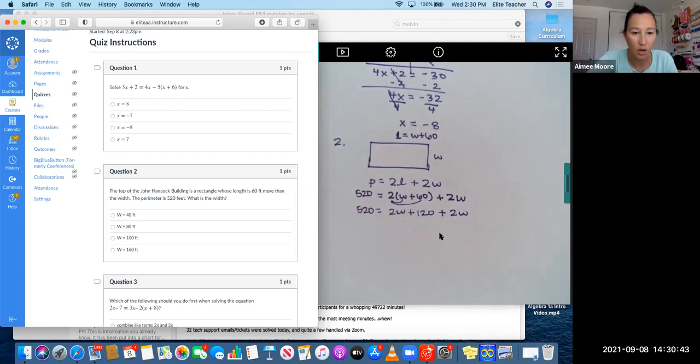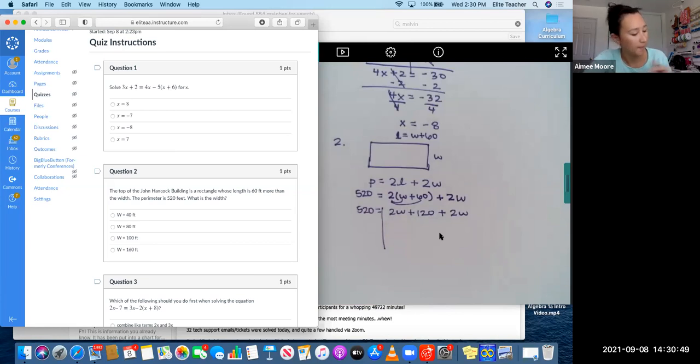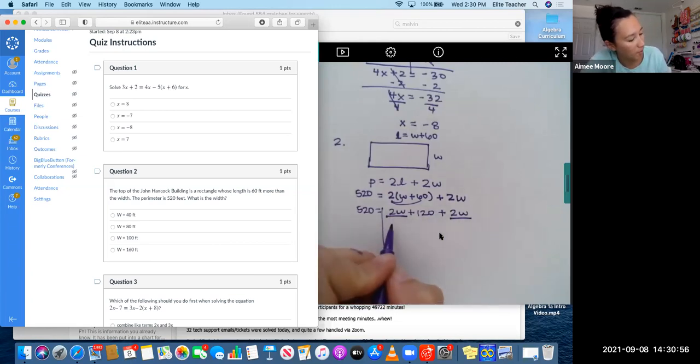And so we're trying to solve to find the width. So we need to look for our like terms first. It looks like we have 2W and 2W, which we can combine to 4W plus 120.